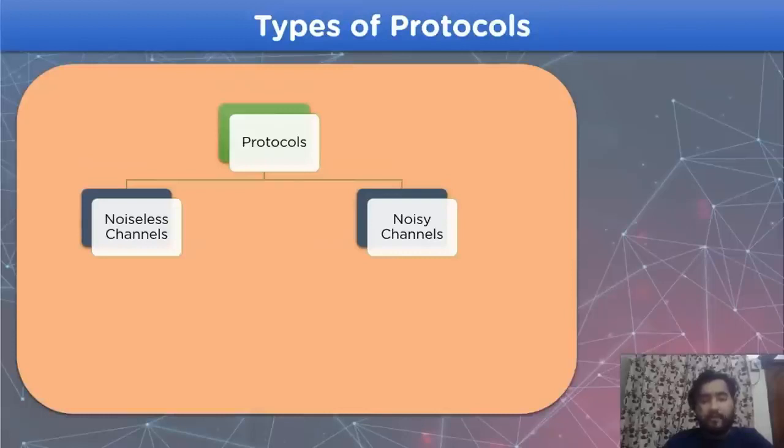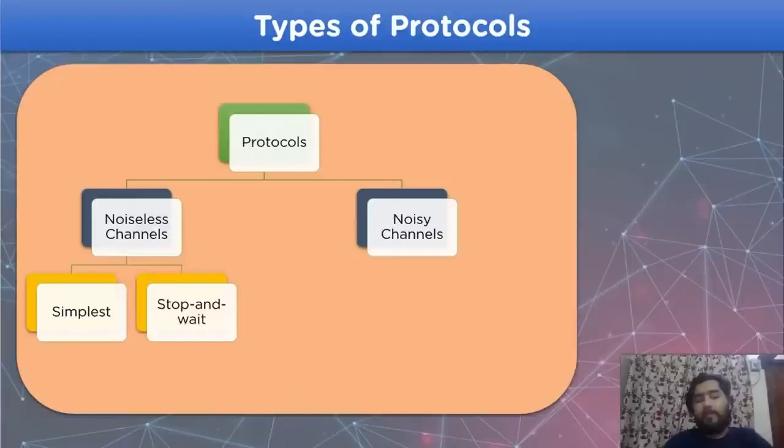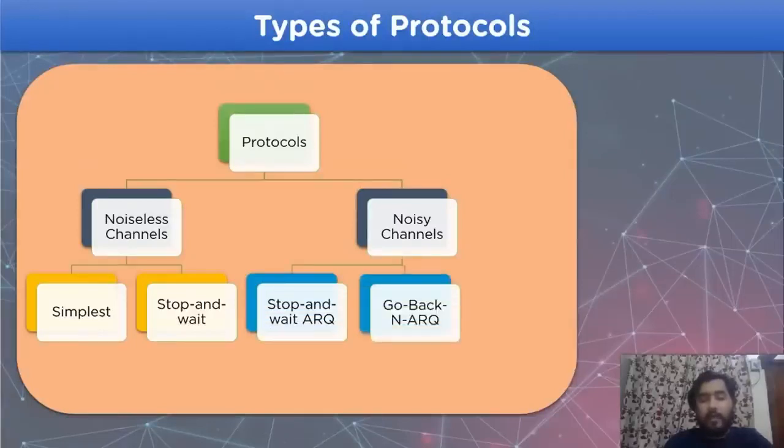Let's take a look at the noiseless channels first. Noiseless channels can be divided into two types, simplest type and stop and wait type, whereas noisy channels are divided into three subdivisions: stop and wait ARQ, go back N ARQ, and selective repeat ARQ.